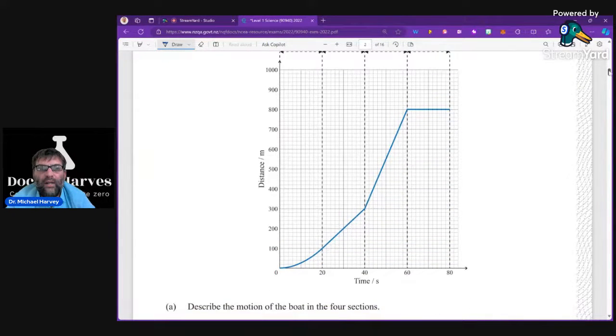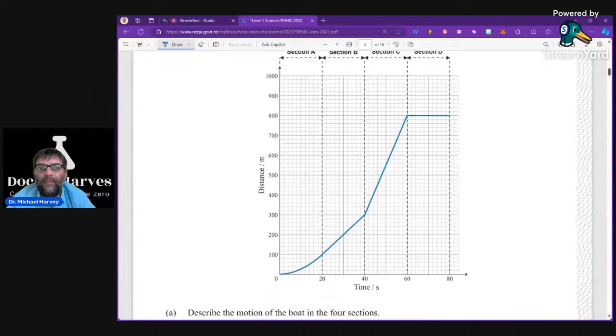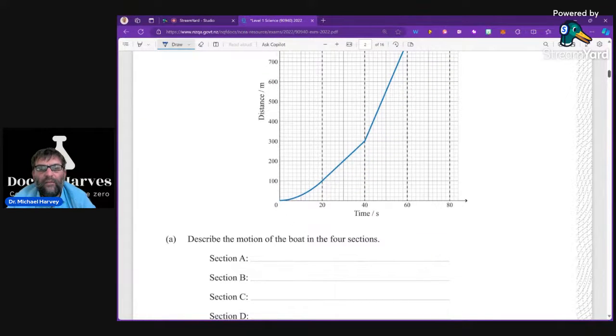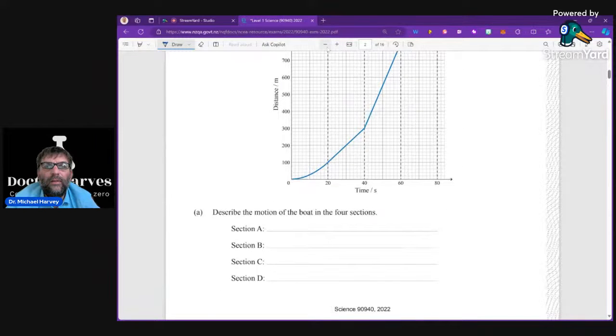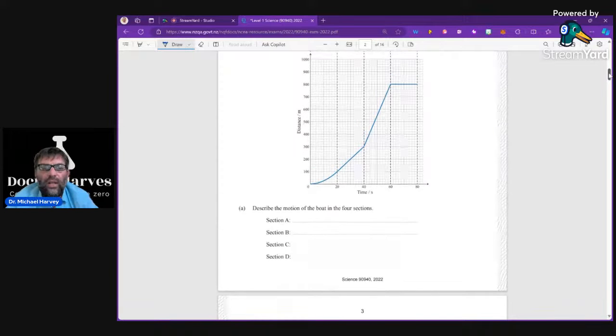They've broken down the motion into 4 different sections, A, B, C, and D. I'll make the graph a little bit smaller so we can see the entire graph. It asks: describe the motion of the boats in the 4 sections.